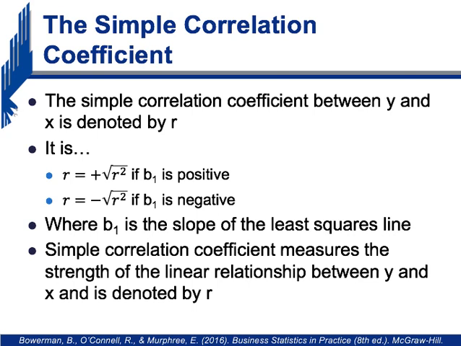So if the slope of the regression model is positive, then r will also be positive, while if the slope of the regression equation is negative, then r is also negative. So we look at the slope of the line in order to determine the sign of r. And the simple correlation coefficient, since it's similar to the Pearson's correlation coefficient, is a measure of the strength of the linear relationship between x and y.